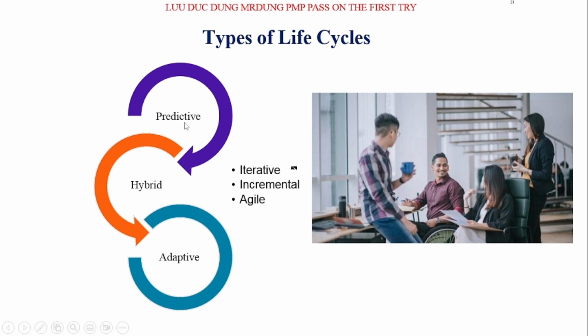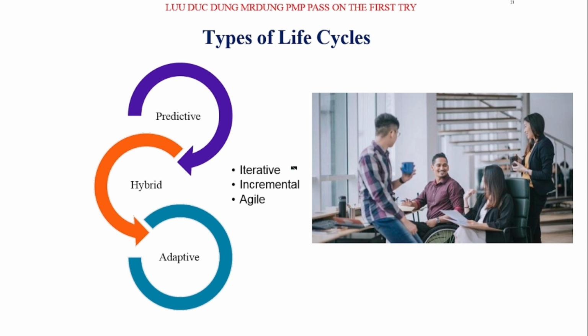We have predictive or traditional, we have hybrid, we have adaptive. In adaptive we have iterative, incremental, or agile.